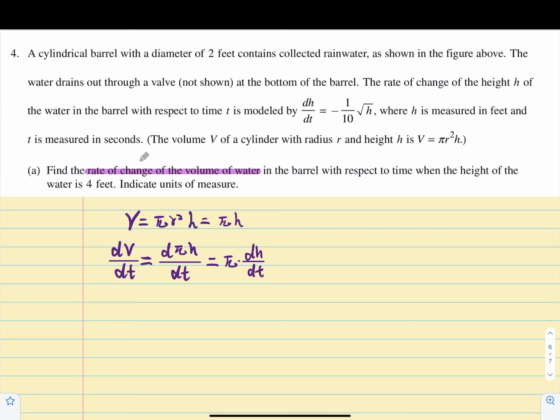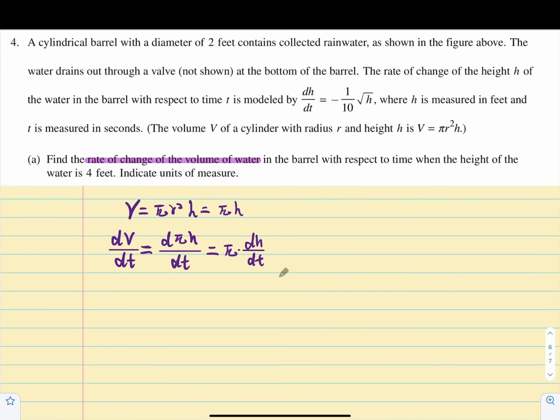So this equals pi multiplied by dh/dt. We just need to find dh/dt when the height is equal to 4, h equals 4. When the height is equal to 4, it's negative 1/10 times the square root of 4, so this will equal negative 0.2.